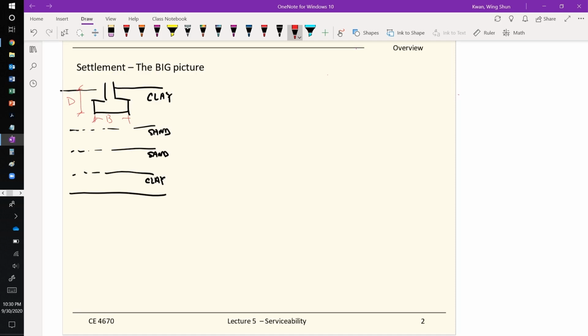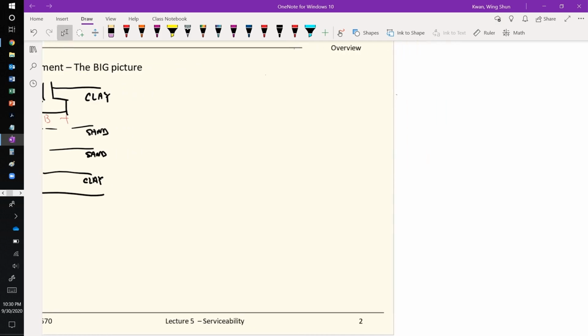Now the question is, how deep is the influence? Because remember in C366, we learned about the distribution of stress, and also we learned about consolidation. For consolidation, we have two parts.